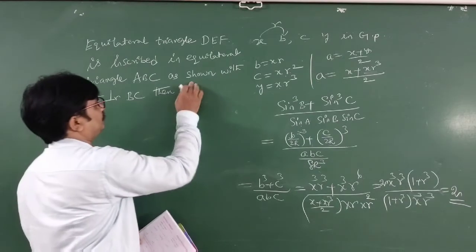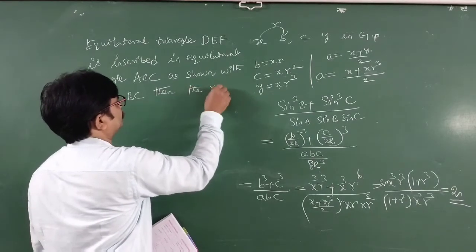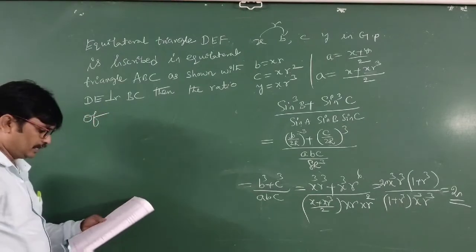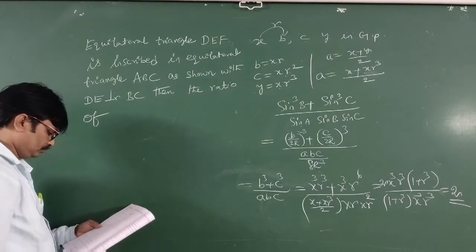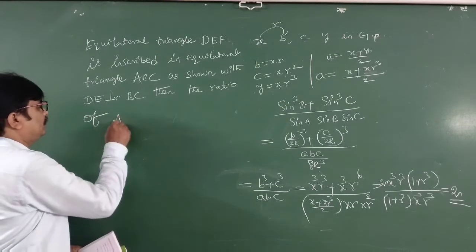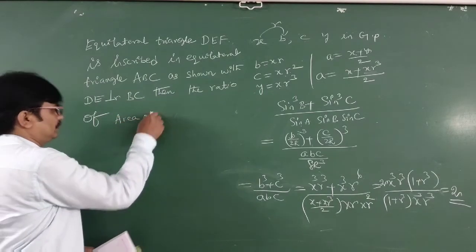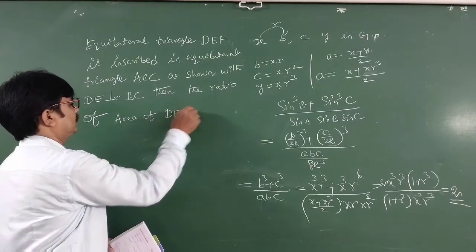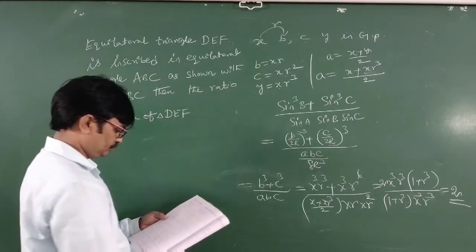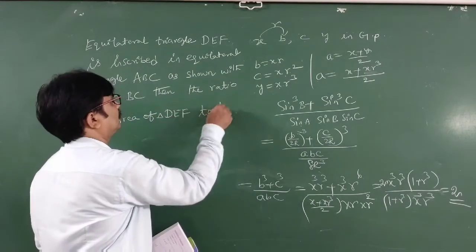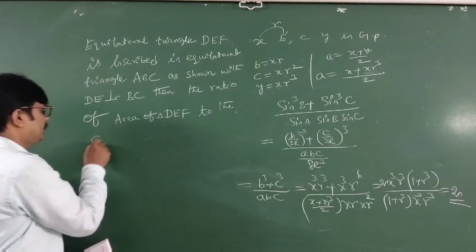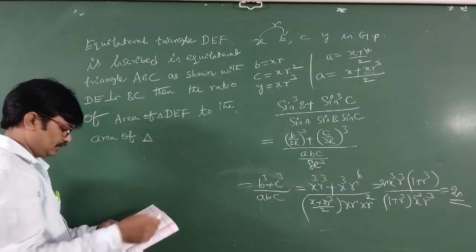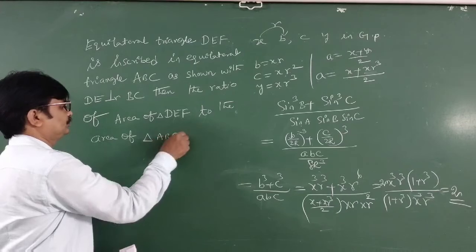Then the ratio of the area of the triangle DEF to the area of the triangle ABC.